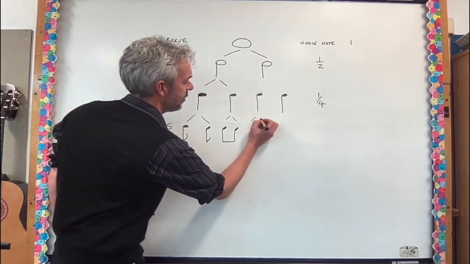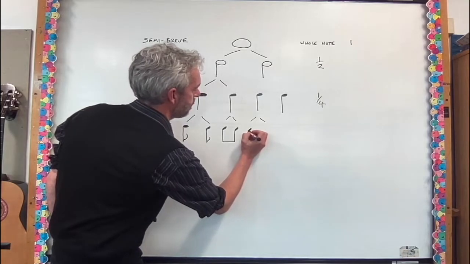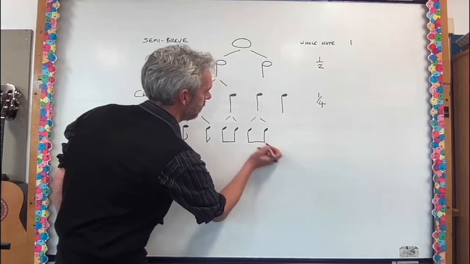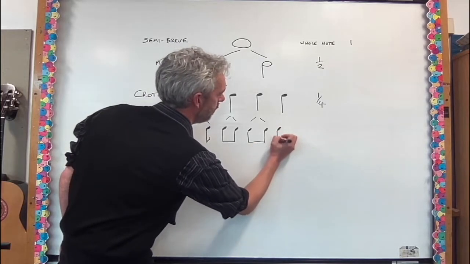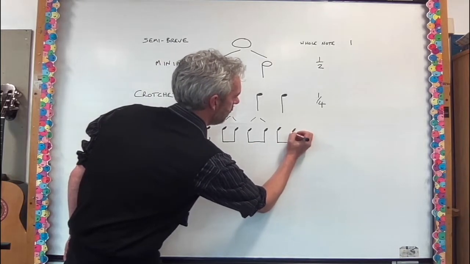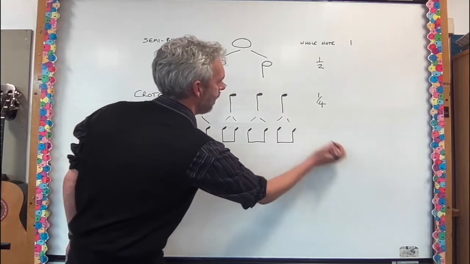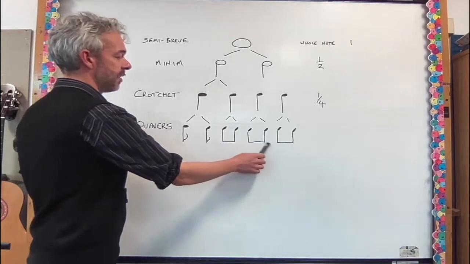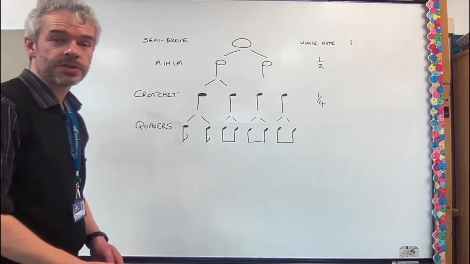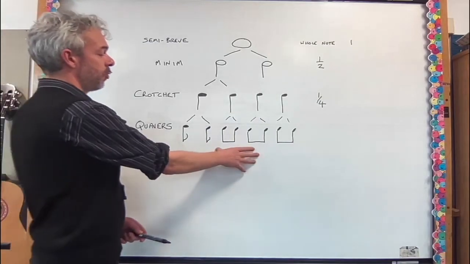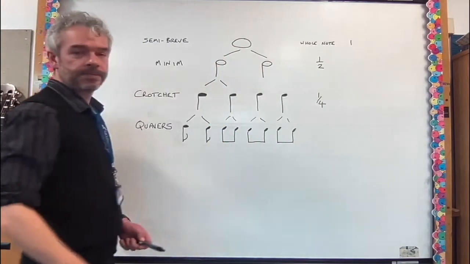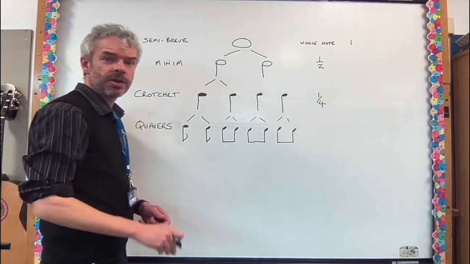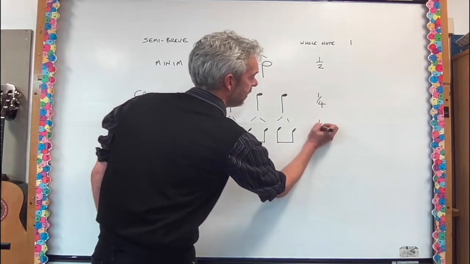So we'll just divide each crotchet up, which gives us a total of 1, 2, 3, 4, 5, 6, 7, 8 quavers. So it takes 8 quavers to make up a whole note. So obviously the duration of a quaver is an 1/8.